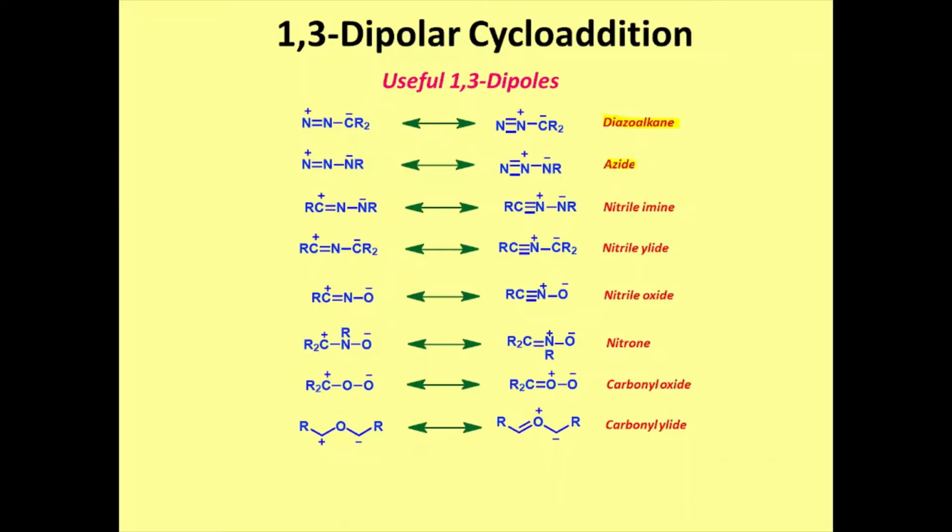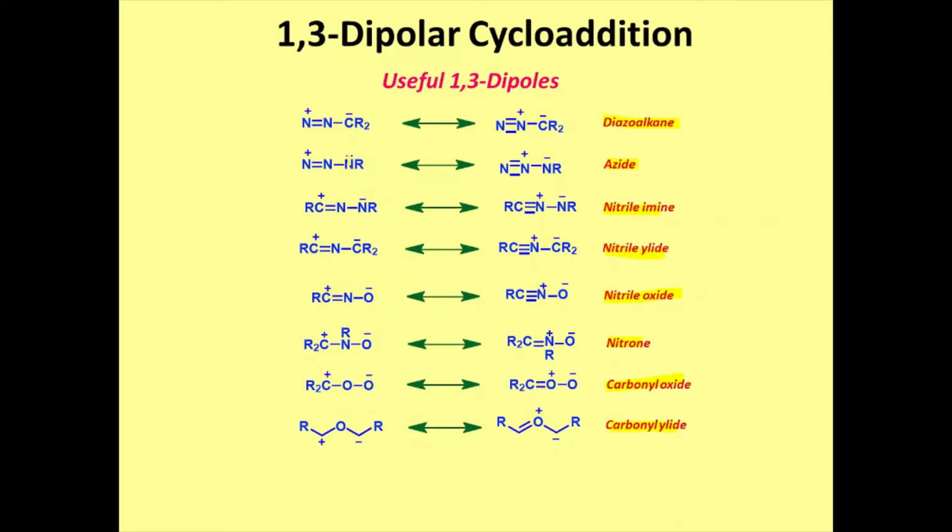Azides are very important 1,3-dipoles, which can help to form the triazole rings, which are very important from a synthetic perspective. There can be nitrile imine, nitrile ylide, nitrile oxide, nitrone, carbonyl oxide, and carbonyl ylides. All these 1,3-dipoles are very useful, and I will focus on some of them when we talk about important examples and the synthesis and examples of 1,3-dipolar cycloaddition reactions.